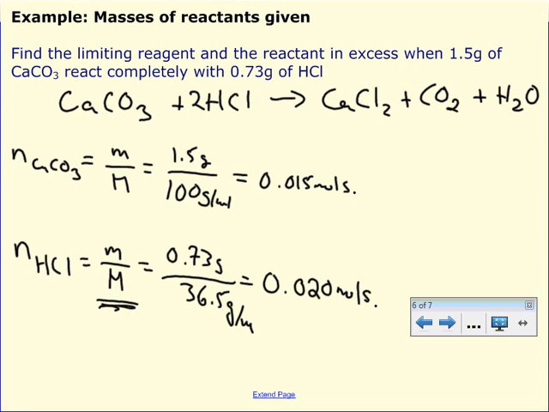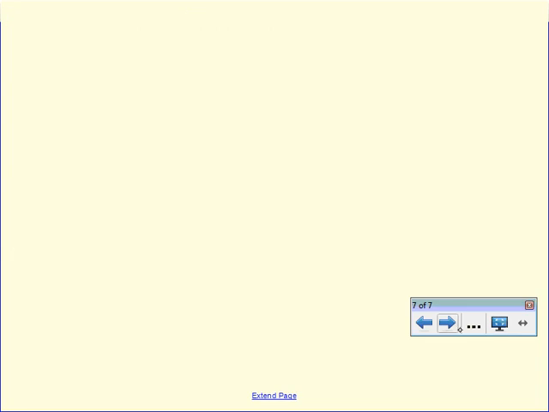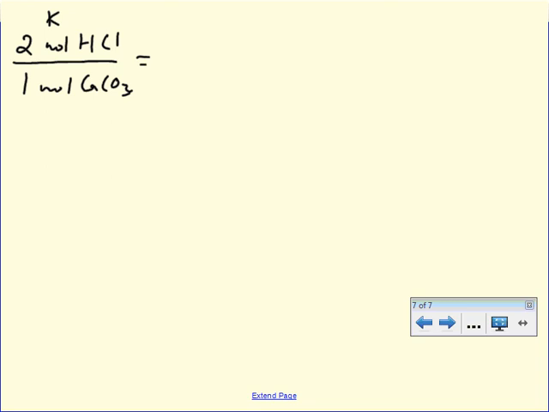So now that I have the number of moles, I'm going to have to use my mole ratio to figure out which one is limiting and which one's in excess. So my mole ratio is 2-to-1. So my known is, all right, I'll put the 2 on here, 2 moles of HCl for every 1 mole of calcium carbonate. And I'm going to figure out how much HCl I'm going to need if I use up all of my calcium carbonate.